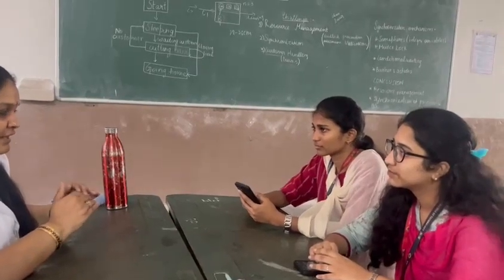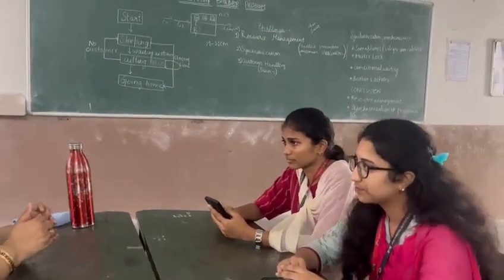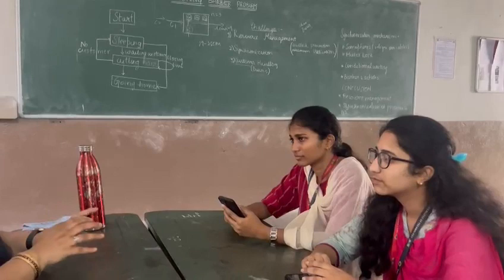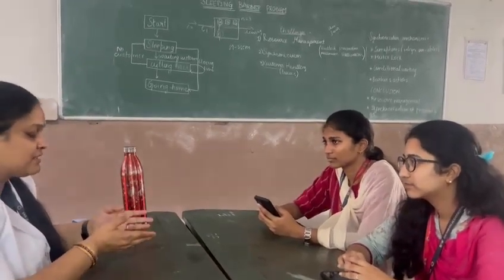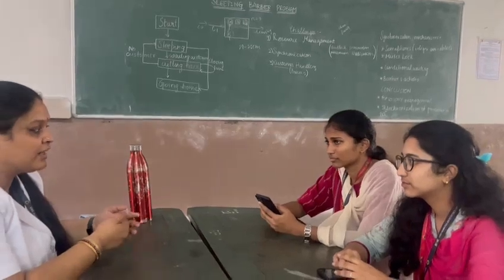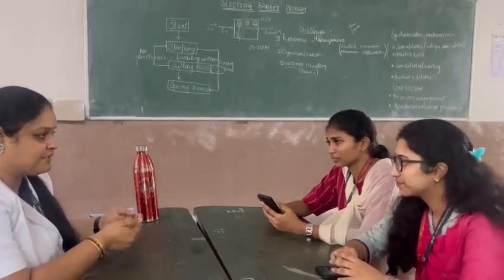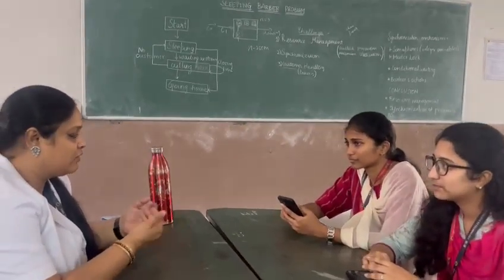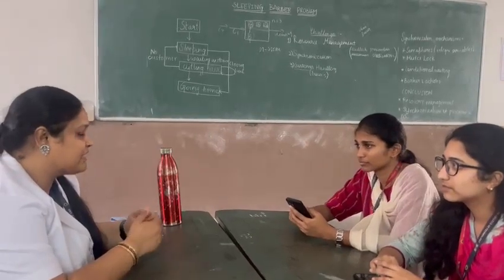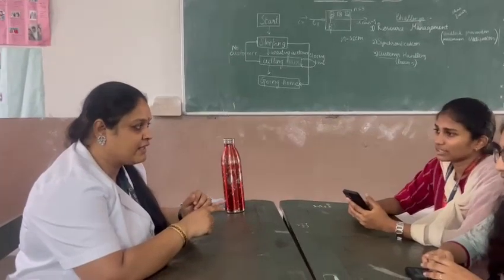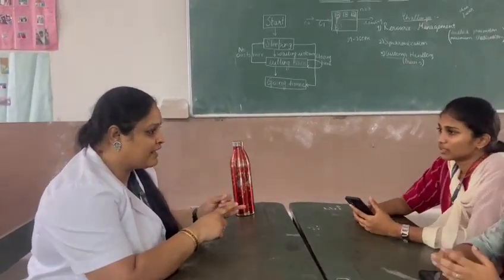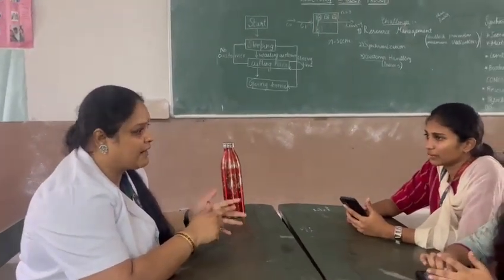In this DT video, we are going to incorporate the DT design thinking framework into the first scheduling algorithm, first come first serve, that is FCFS. So among you two, who is going to explain empathy? You know, you have 5 phases in DT: empathy, define, ideate, prototype, and testing.